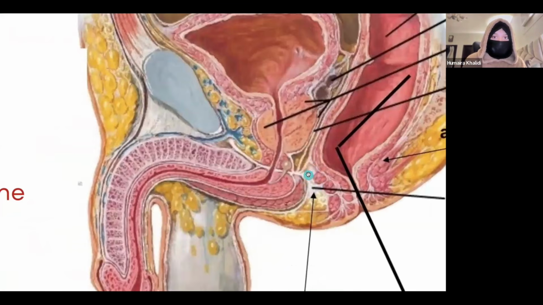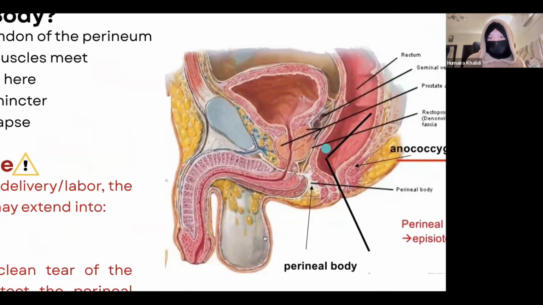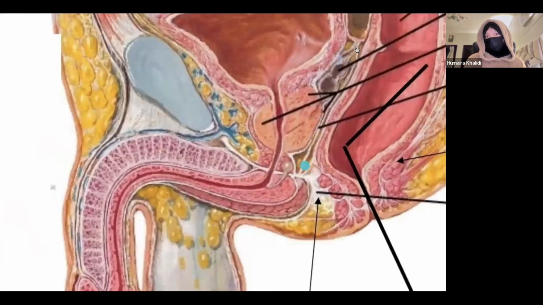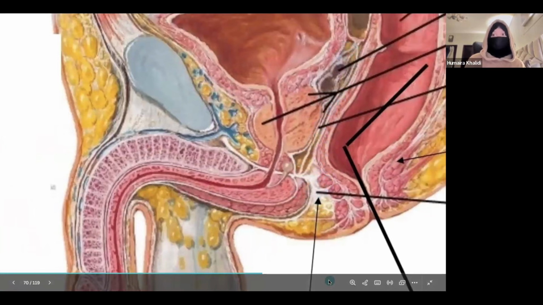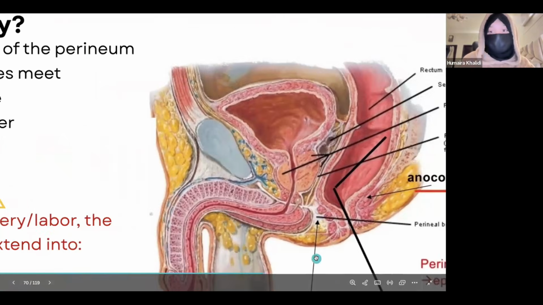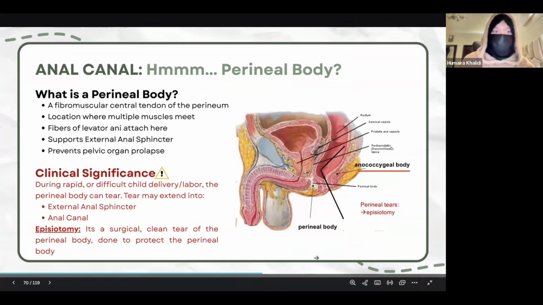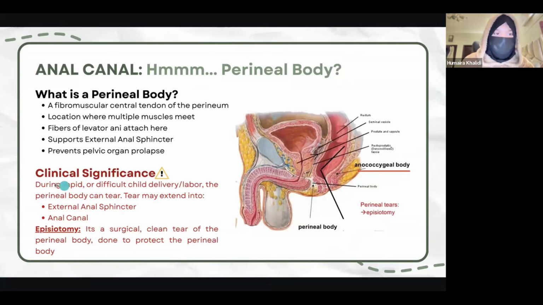Okay, so imagine that this is a female patient. So you're going to have the uterine pouch here. If this perineal body tears maybe because of childbirth, the uterine pouch is going to drop down. That's called organ prolapse. It's something that you guys should definitely keep in mind because this is mentioned repeatedly in all exams.